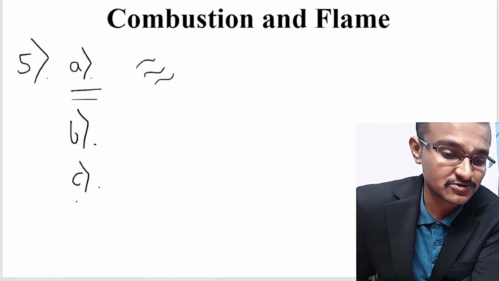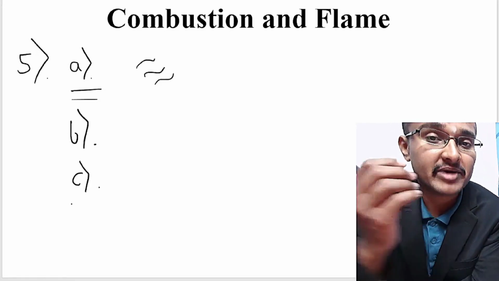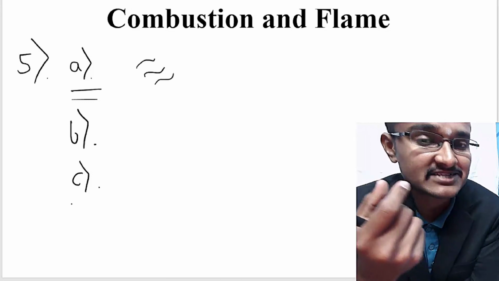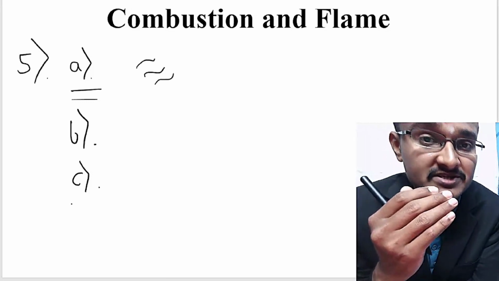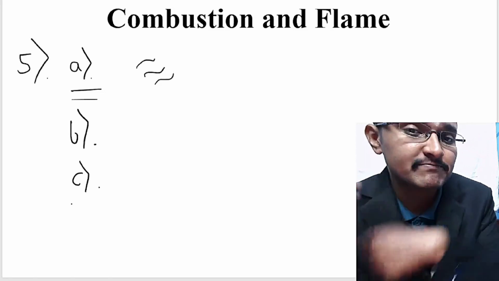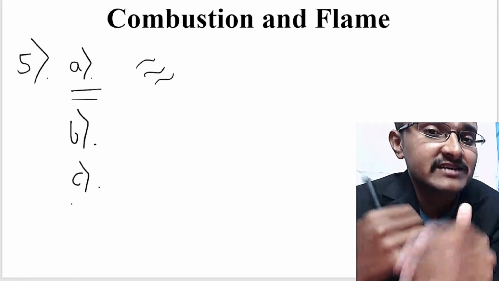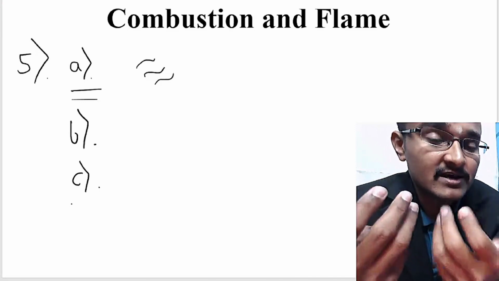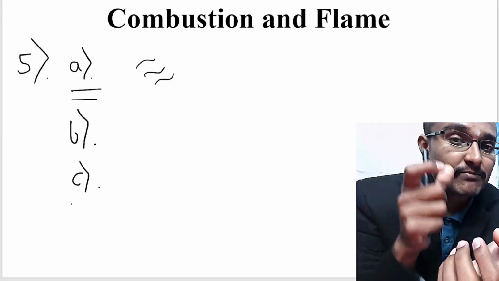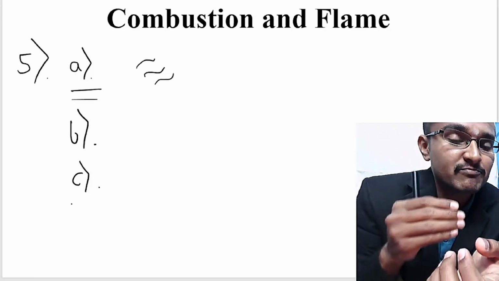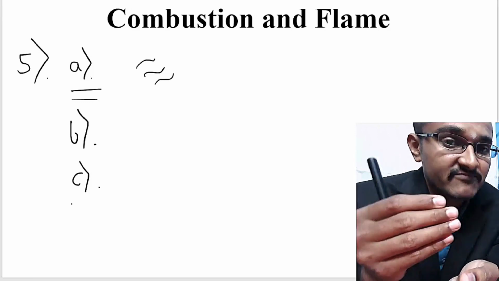Coming to the C question, they have asked: a paper which is kept open in an environment will easily catch fire when the ignition temperature is reached. But when the same paper is wrapped with aluminum foil, it takes time for the paper to catch fire. Why? Because when you supply heat to the paper directly, the ignition temperature of that paper is reached very easily.